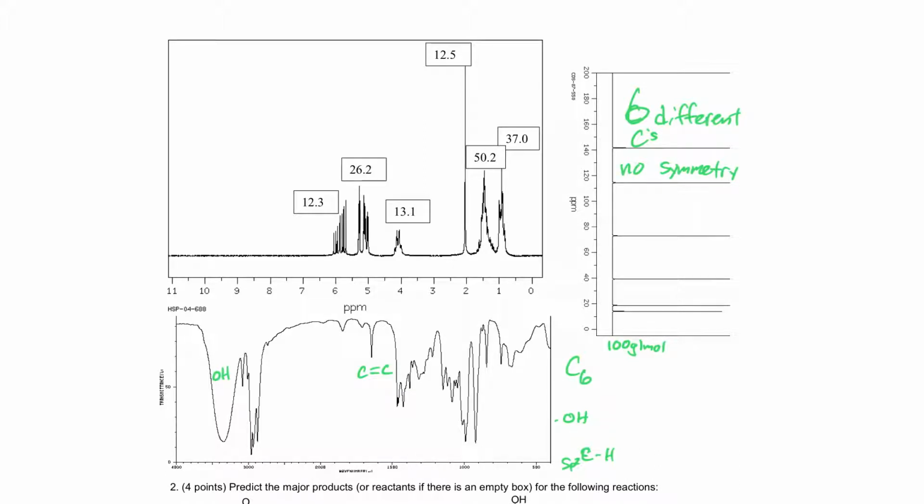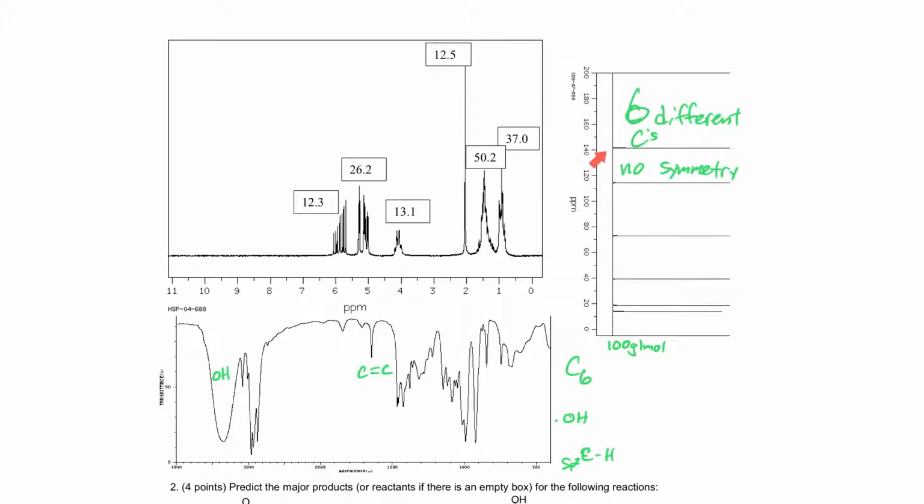And I can also look at a couple of interesting carbons here. Between 50 and 100 are carbons that typically would be attached to electronegative groups. I know I have an O here, so most likely this carbon is attached to that O. And between 100 and 150 are carbons that are parts of alkenes or aromatic rings.